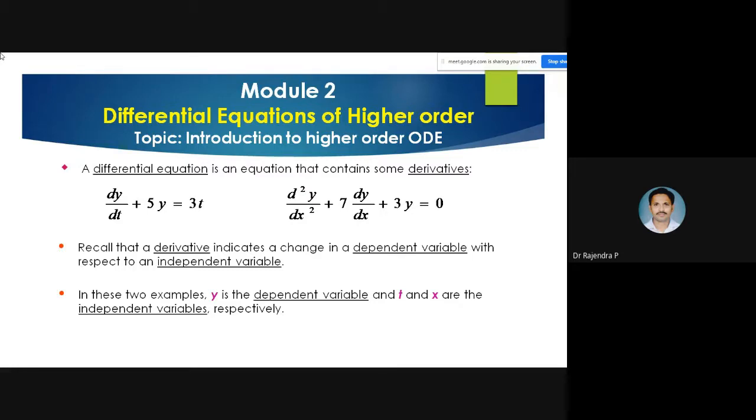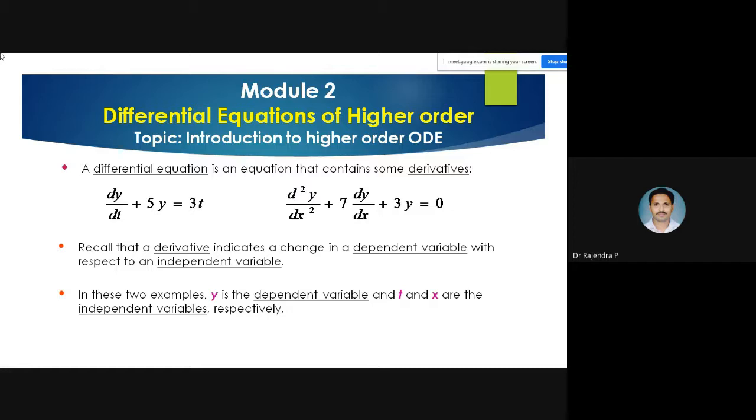Other derivative means dy by dx, first order, degree 1. For d square y by dx square, what is the degree? Yes, sir, 1. So each and every derivative involved, not only first order and second order, maybe higher order derivatives too, if the degree of all those derivatives is 1, then we can say those are linear differential equations.